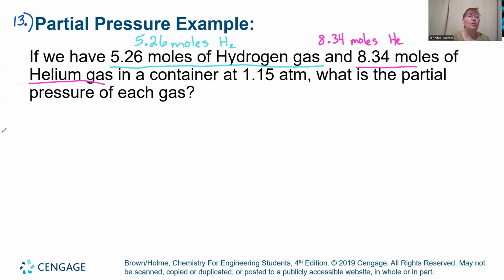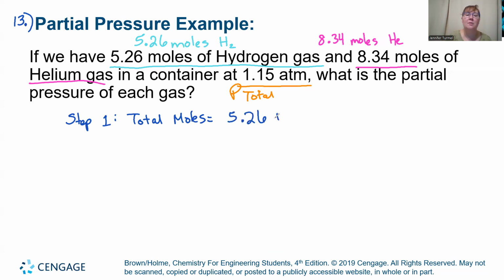And we have a total pressure of 1.15 atmospheres. So this is P total. Okay. And we want to know what the partial pressure of each gas is. Okay. So for this, our step one is going to be to find total moles. And so we'd say, okay, well, the total moles of our stuff is 5.26 plus 8.34, which gives us 13.6 moles total.